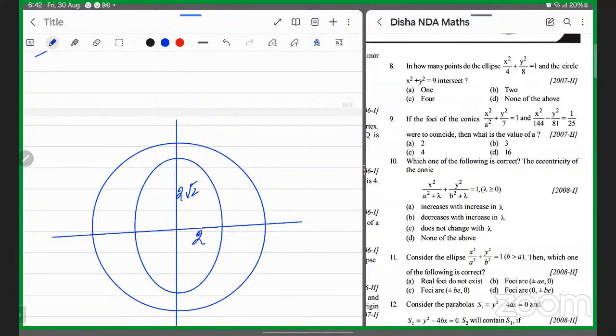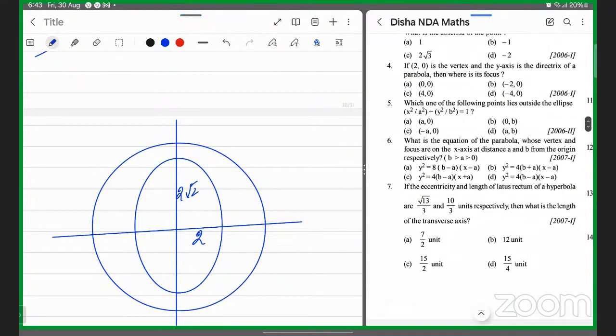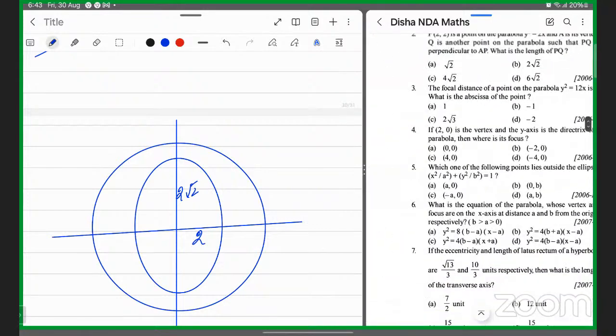But the radius of the circle is 3. Will it intersect? No. So you are saying wrong. 0 points you will get. None of these.